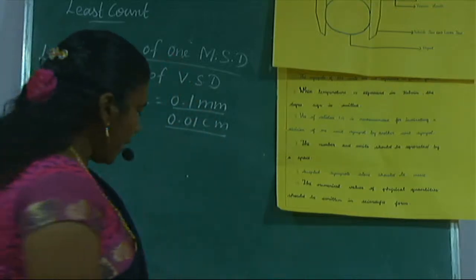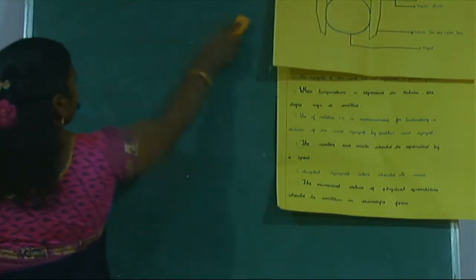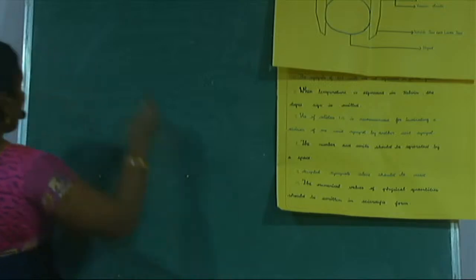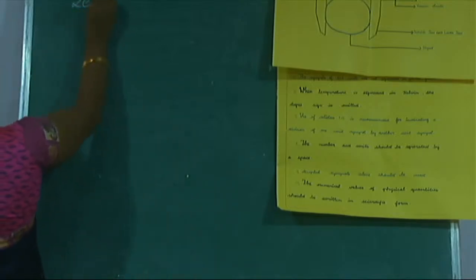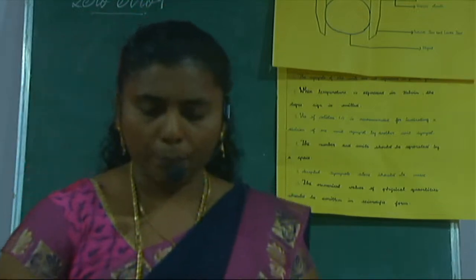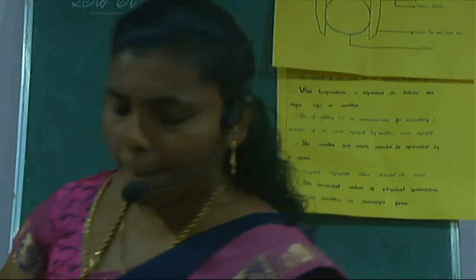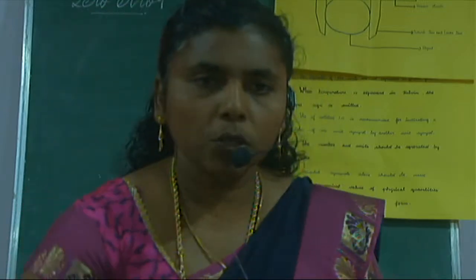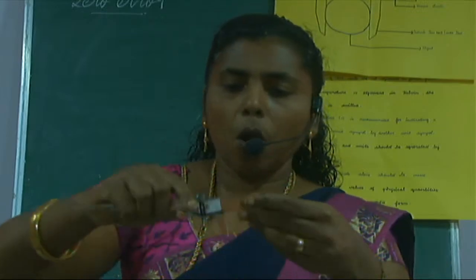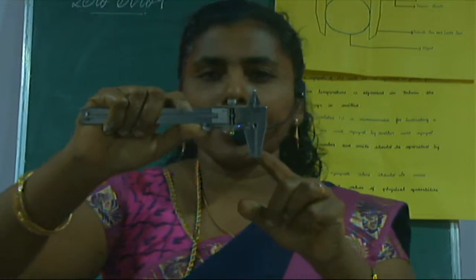Next, we can learn about zero error of a vernier caliper. When you have to find the zero error, the two jaws are in contact with each other.